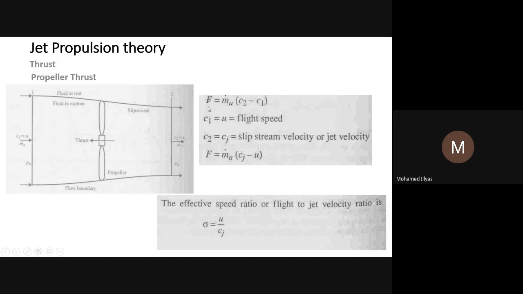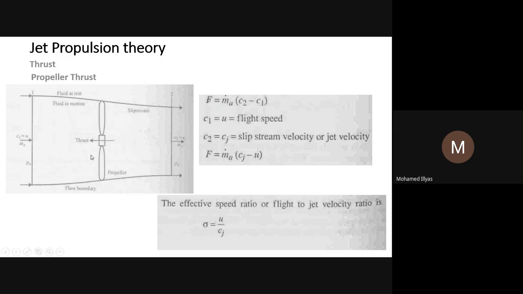When there is a change in velocity, then only we'll have a change in momentum. That's why we put change in velocity. There has to be a significant change in velocity, then only we'll get a corresponding change in momentum. That momentum we call the thrust force.